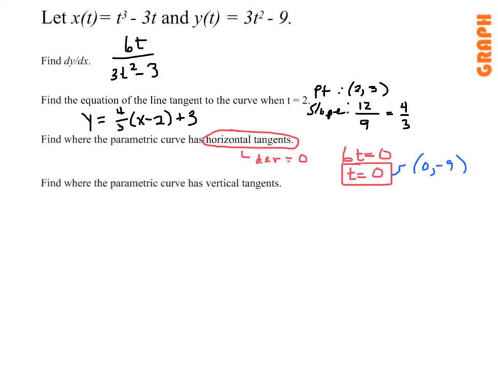If something has a vertical tangent, that means it's moving up or down, but not in the x direction, so we need the dx/dt to be 0. So again, it all relates. A vertical tangent, of course, is where the derivative is undefined. So we'd make the denominator 0.